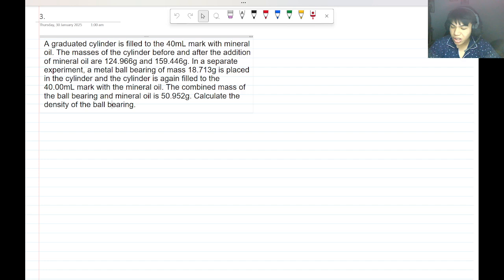So, sounds like a lot to take in, but it's much simpler than it looks. At first glance, you may think that the principle of buoyancy by Archimedes can be used here. However, we were not given the initial buoyant force. Although you may think, let's do it here.